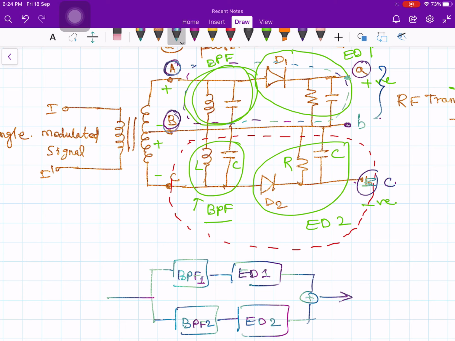This is because at any given time either diode D1 conducts or D2 conducts. When diode D1 conducts in the positive half cycle, diode D2 will conduct in the negative half cycle with respect to the input. So the positive half cycle of diode D2 will be the negative half cycle of diode D1. Essentially the top circuit will be sensitive to the positive envelope and the bottom circuit will be sensitive to the negative envelope.